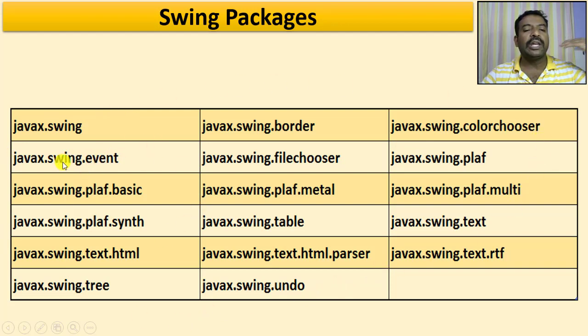If I want to work on events, what the user is going to do as an action, I am going to have javax.swing.event. If I want pluggable look and feel, I am going to use the basic package, or the metal package, or the multi package, or the synth package. There are this set of packages. Depending upon your requirement, you can use the specific package in your application.